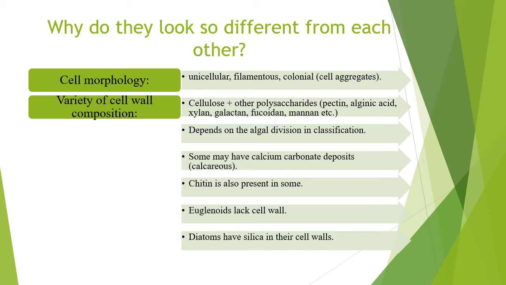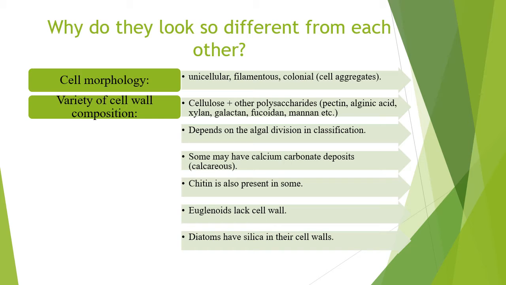It is because of the different types of cell morphology in which they exist in nature. They can be unicellular, they can be filamentous, or they can exist as colonial forms or cell aggregates. Therefore, depending on such type of cell morphology, their external look also varies.